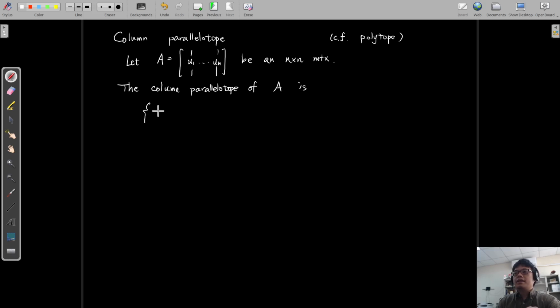It looks like this: c1u1 plus everything up to cnun, such that for each i, ci is between 0 and 1. This is an interval between 0 and 1 for each i.